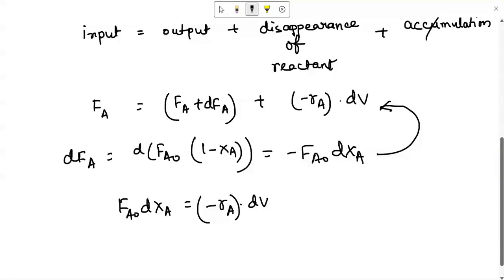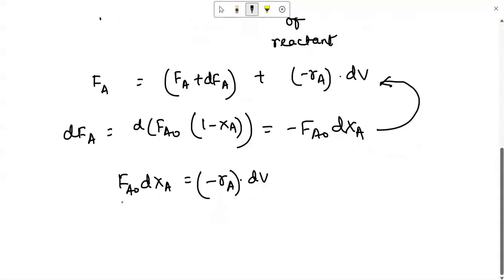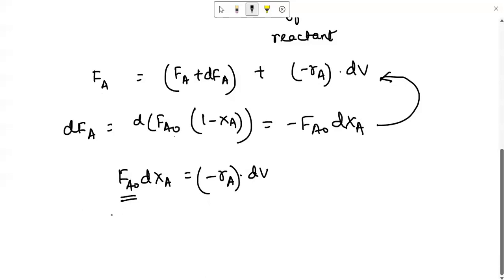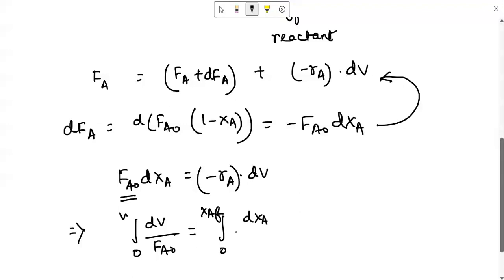Here this FA0 term is constant, but minus rA will definitely be dependent on the concentration or the conversion of the reactant. Therefore you have to appropriately group these terms and then obtain the integrated form. So for integration, you would write the integral from 0 to V of dV by FA0 equals the integral from 0 to XAf of dXA by minus rA.